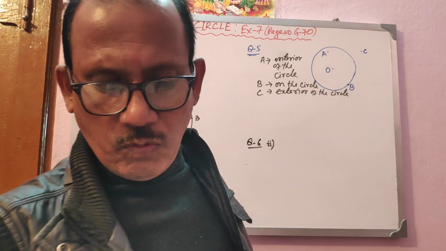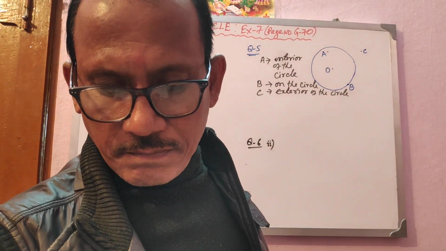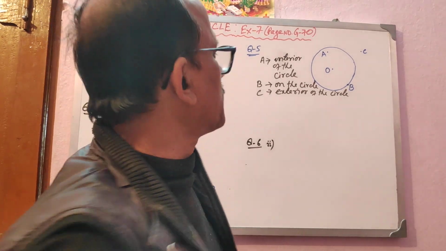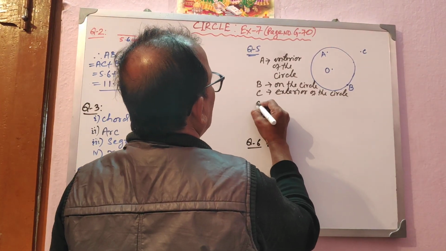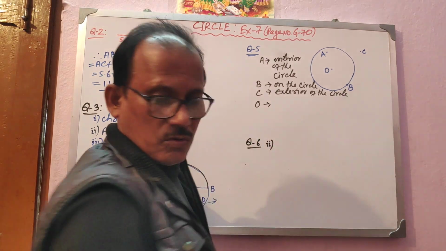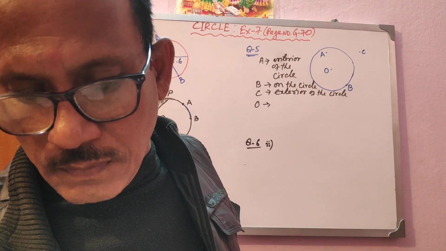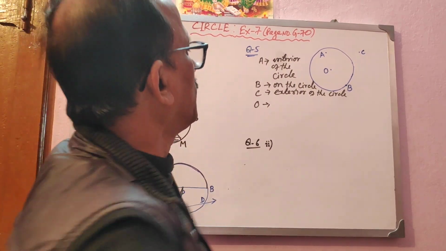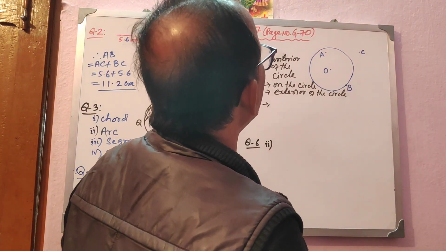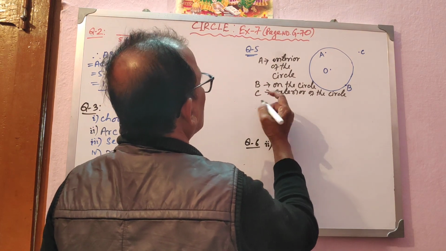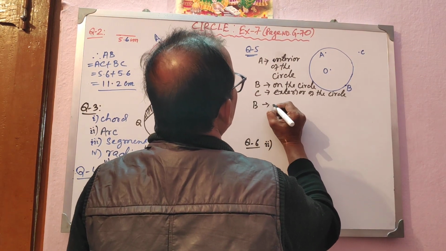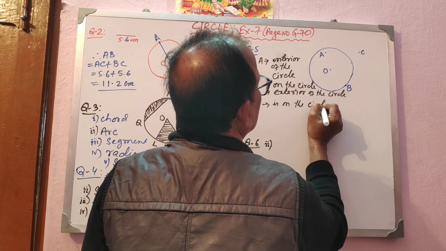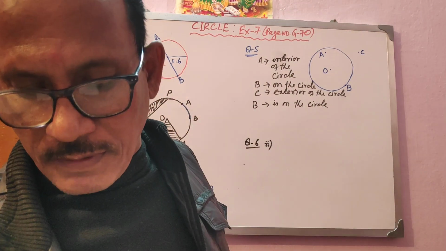Got it? Now what do you have to answer? The point that is on the circle: which one is on the circle? B is on the circle. B will be on the circle.